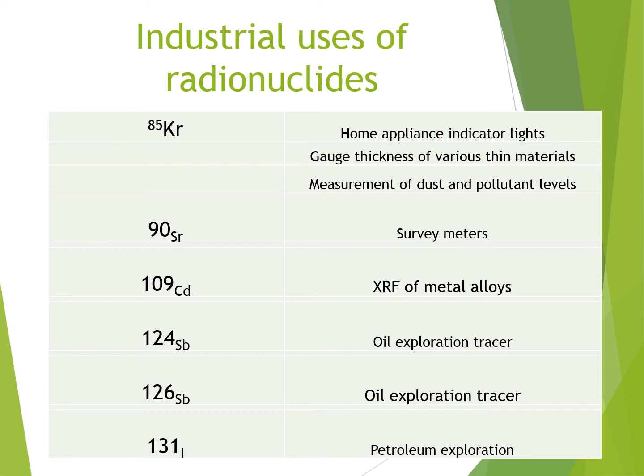Survey meters in radiation protection are handheld ionizing radiation measurement instruments used to check such as personal equipment and the environment for radioactive contamination and ambient radiation. So, for different surveys of radioactive contamination and ambient radiations, these survey meters are used, and they use the radionuclide of strontium 90.